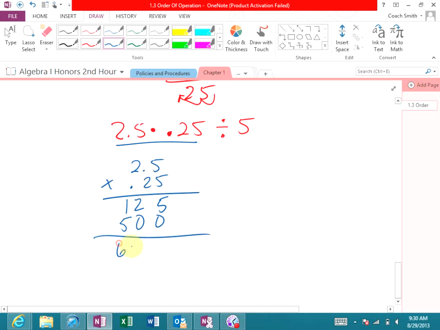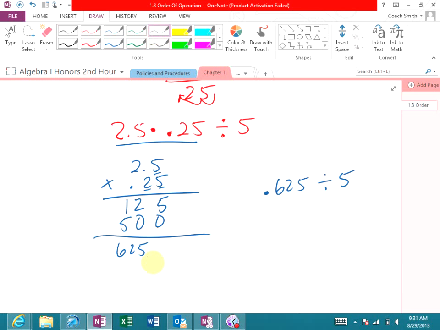So that's 625, and I have 1, 2, 3 decimal places. So that's going to give me 0.625 divided by 5.